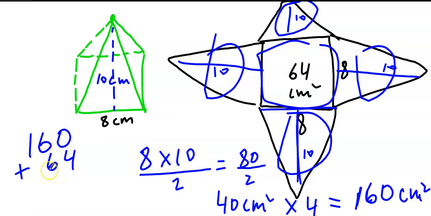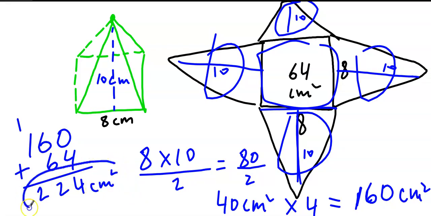So we take the 4 triangles and the square, we add it together. And we have 224 square centimeters as the overall surface area. Front, back, left side, right side, and the bottom altogether comes out to be 224 square centimeters.